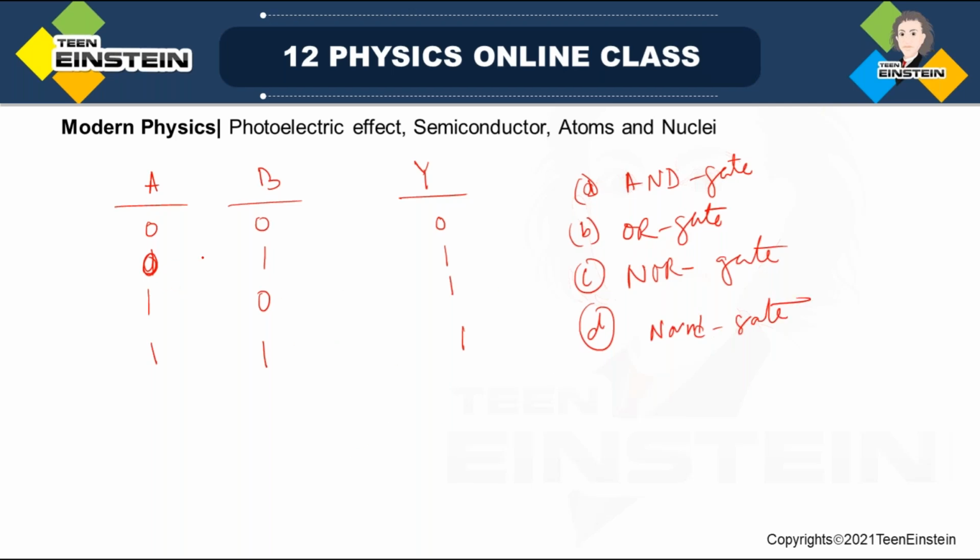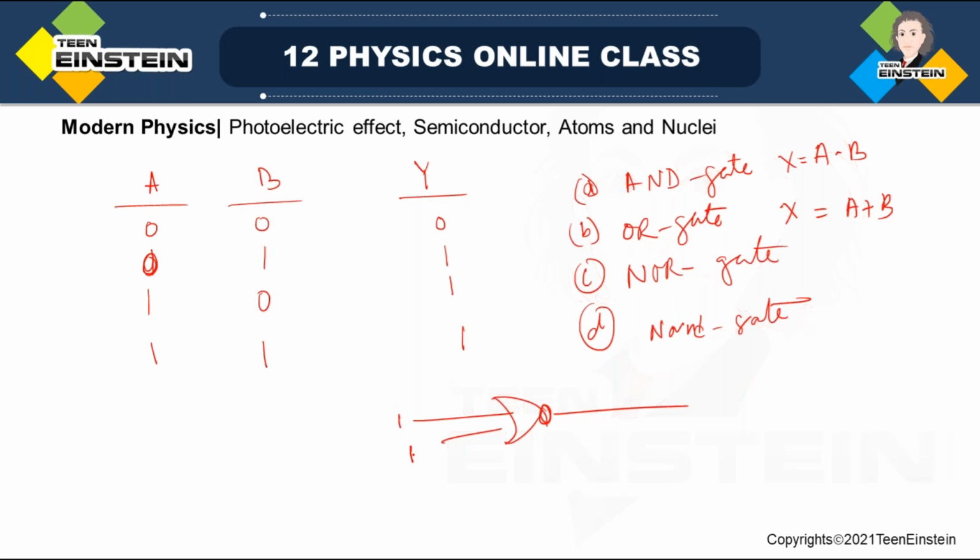So in this case, we know in case of AND gate, you have A dot B, this is X is equal to; OR gate, you get A plus B. In case of NOR gate, NOR means OR along with NOT.